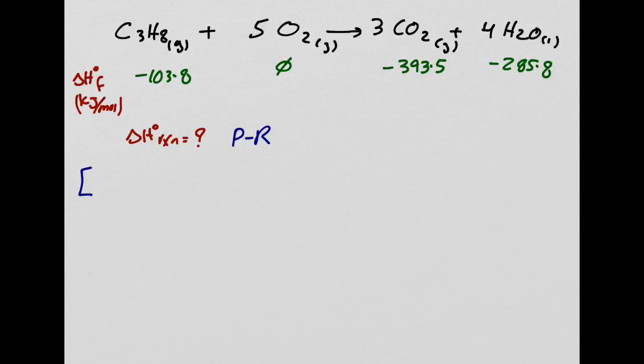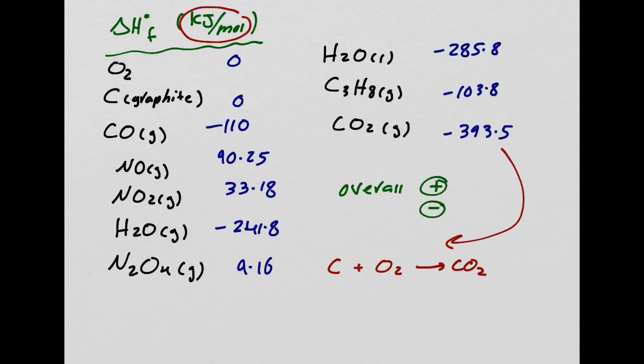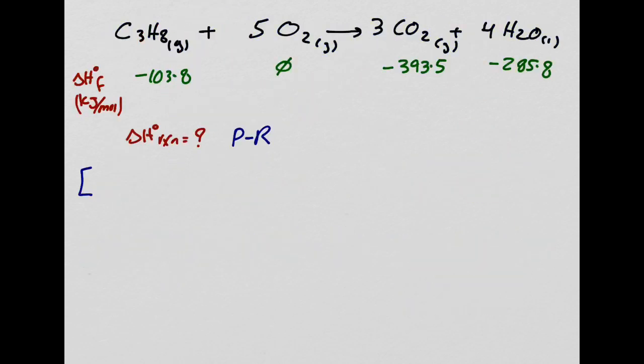My product, and by the way, the phases really matter because they would have different delta H of formation. Like water gas and water liquid have different delta H of formation. Pay attention to that. Alrighty. So I have carbon dioxide, which is minus 393.5.